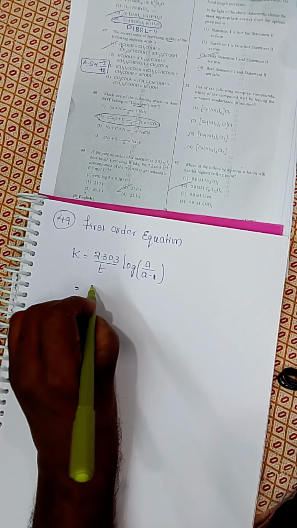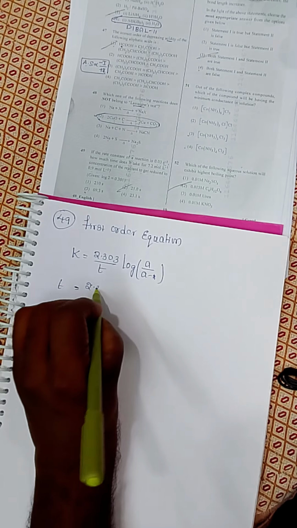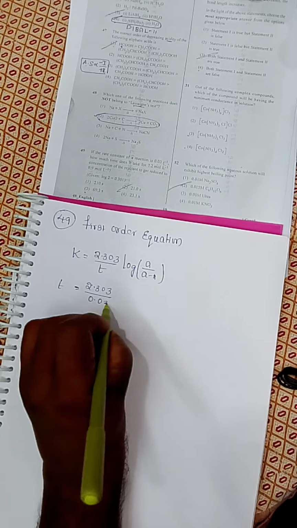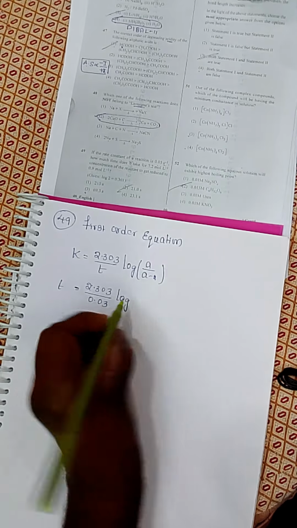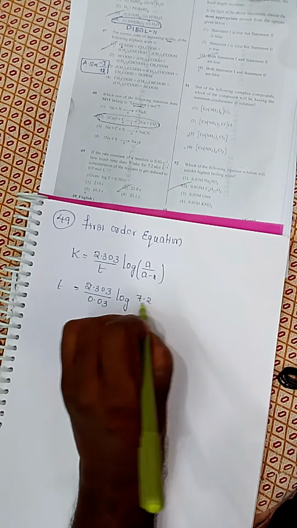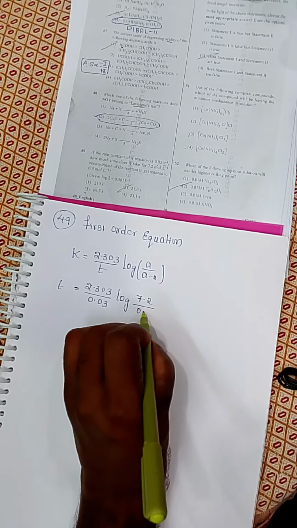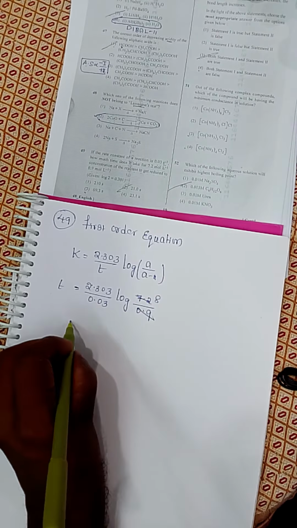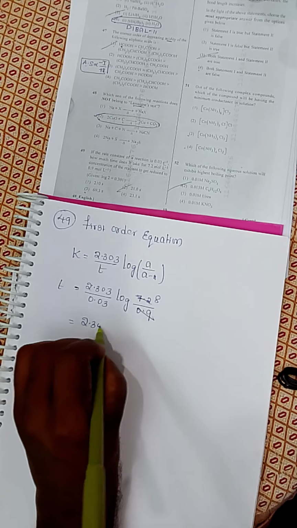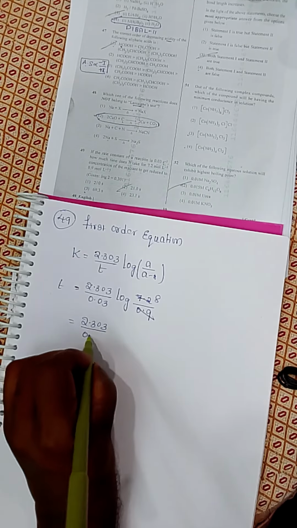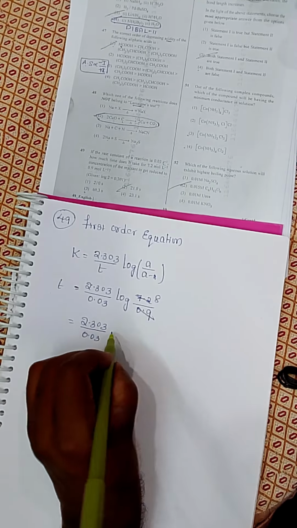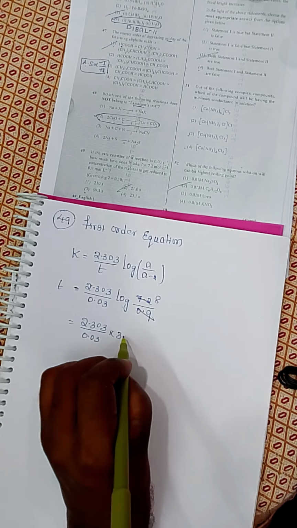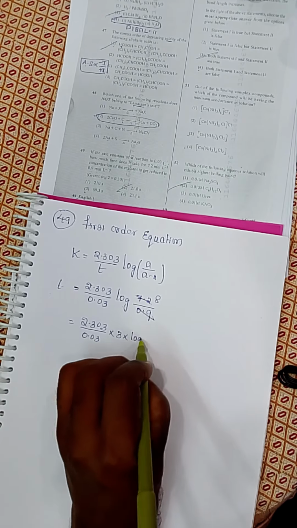So t equals 2.303 by the rate constant 0.03, log of the initial concentration 7.2 by the final reduced concentration 0.9. So 7.2 by 0.9 is 8. This is 2.303 by 0.03, and log 8 is going to be log 2 cubed, which is 3 log 2.